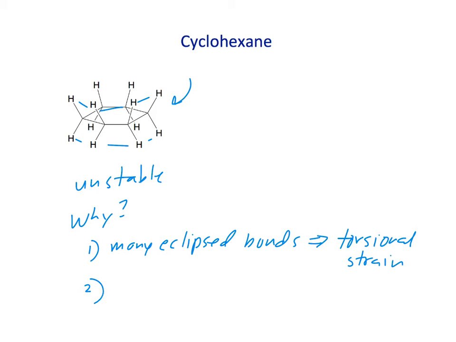The second reason is that if we look at the carbon-carbon bond angles, so let's just pick one from this carbon here, we'll see that these bond angles are not what we would expect for an sp3 hybridized carbon. So that creates angle strain.